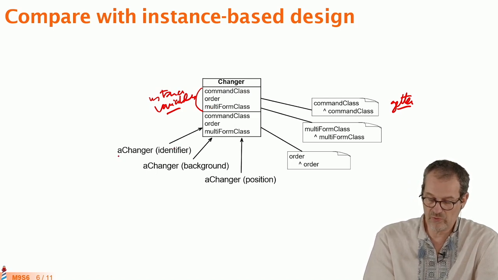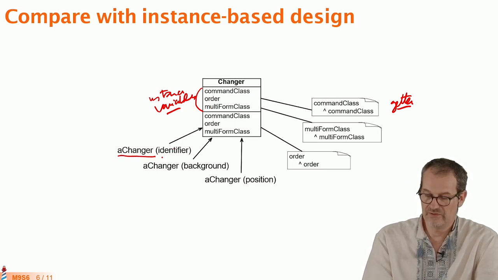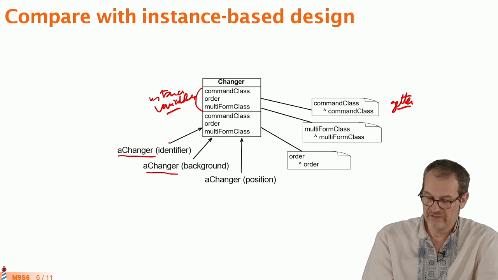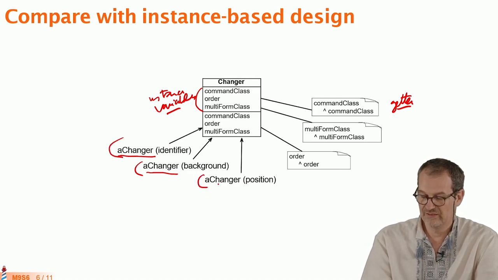So here, for example, I will have a changer that is configured as the identifier that we saw on the previous slide. And here, this one will have the same information, but configured as the background and the position. And these three instances have different state, and they will behave differently.